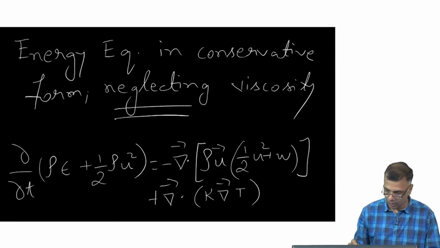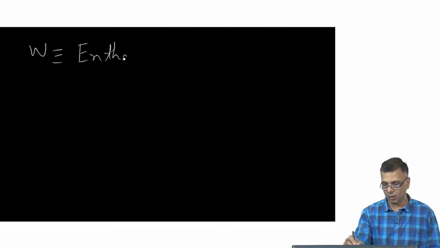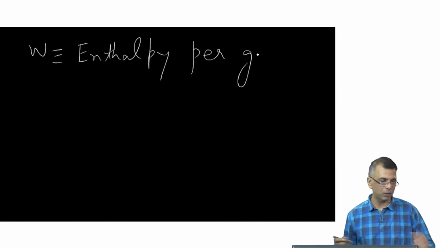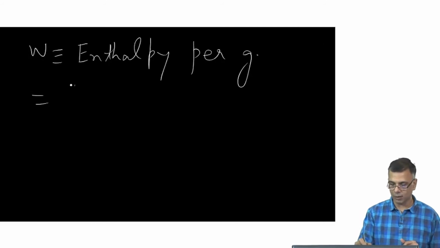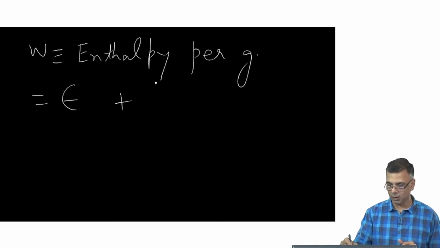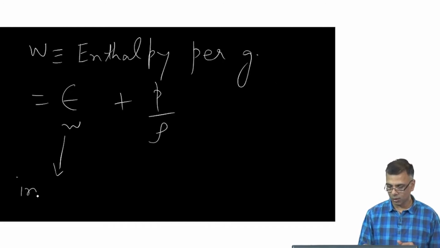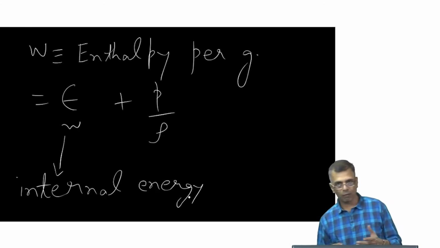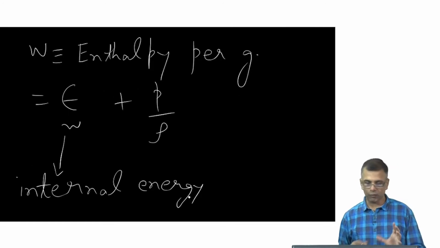Now, what I'm really saying by writing this down is that this quantity W that I wrote here is the enthalpy per gram, or per unit mass, and this is equal to the internal energy plus P over rho. This would be the internal energy of the gas. Depending upon how many degrees of freedom it has, the formula would differ slightly.